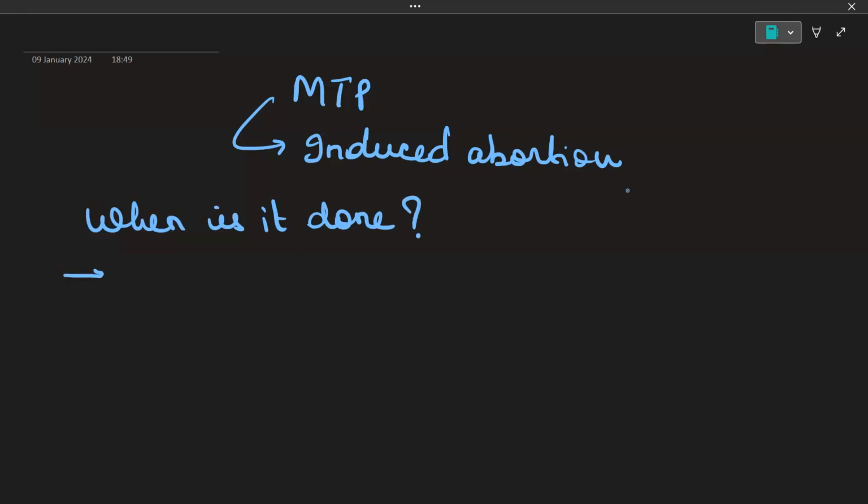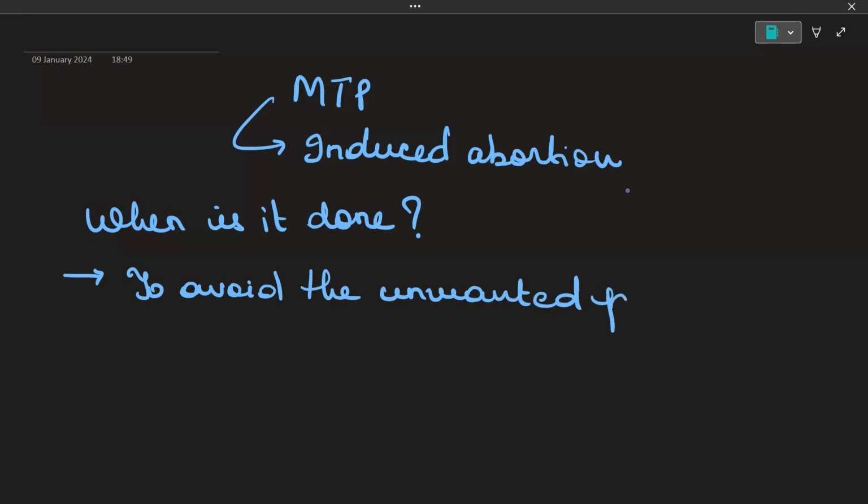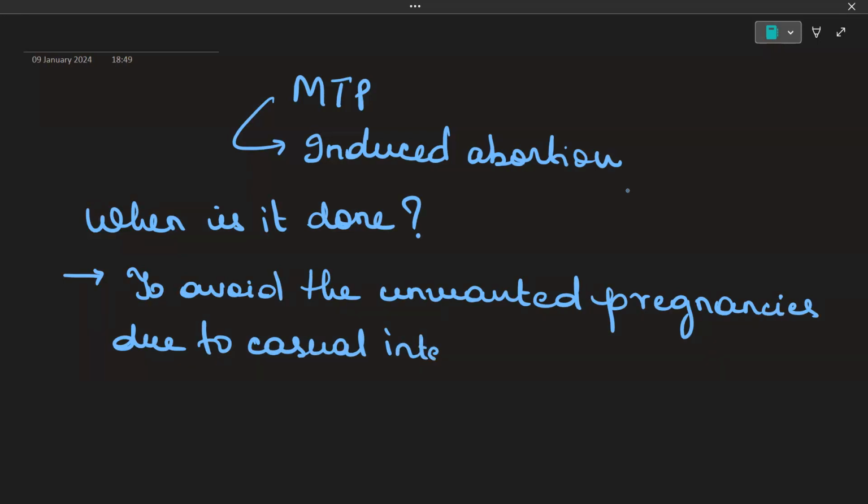Talking about when it is done, the first of all is to avoid the unwanted pregnancies, due to casual intercourse or rape cases.